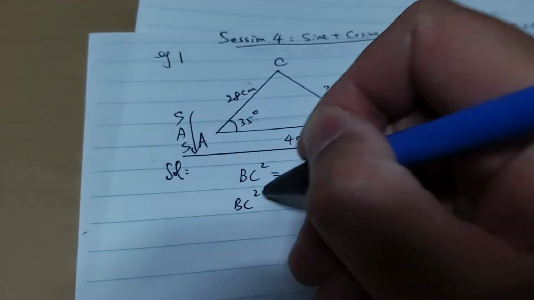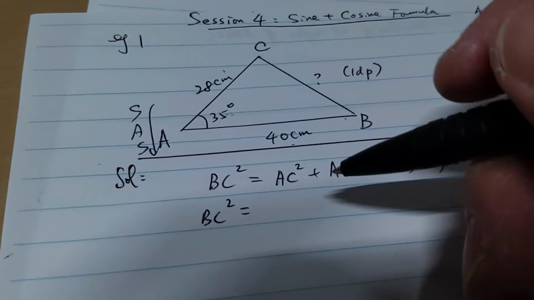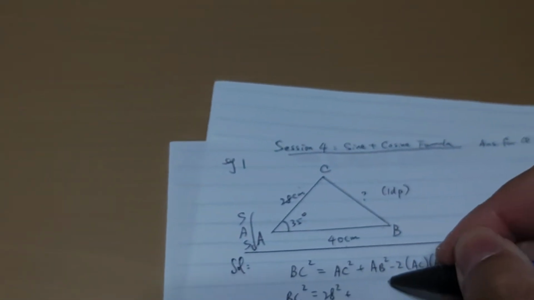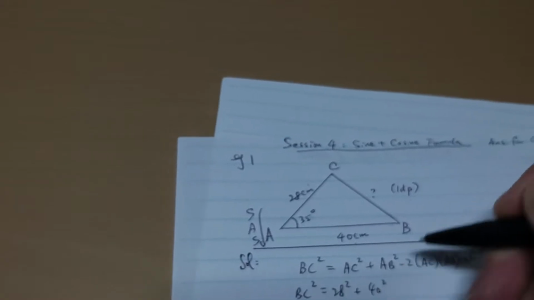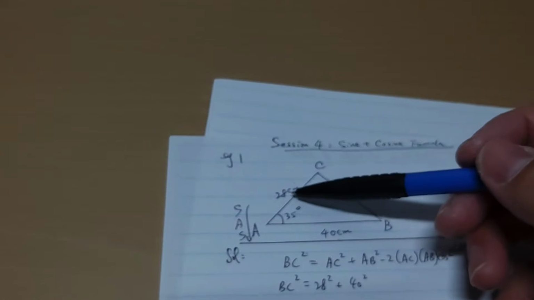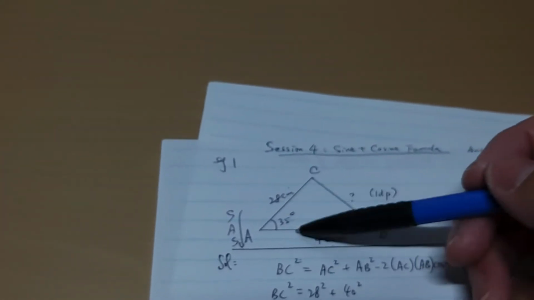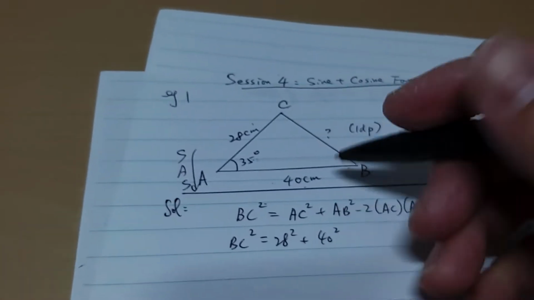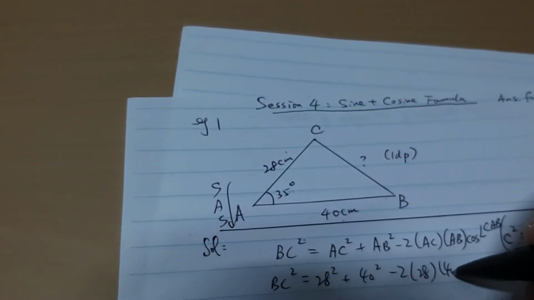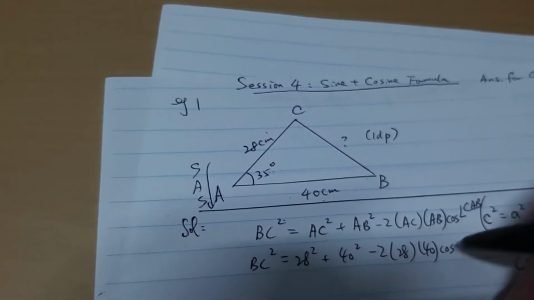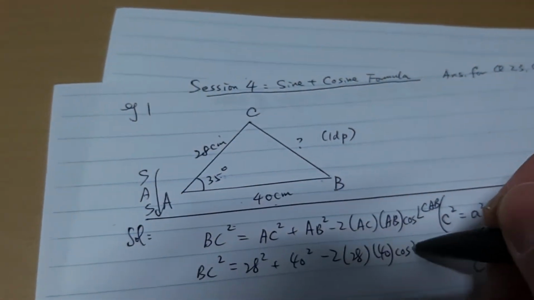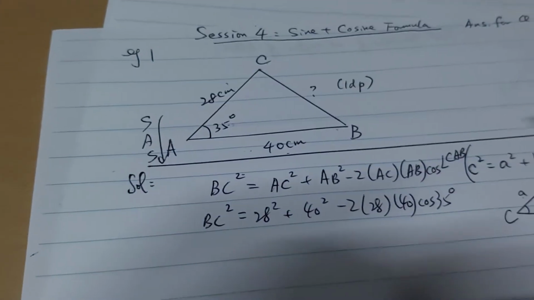So BC squared is equal to AC squared, 20 squared, plus AB squared, 40 squared. The two adjacent sides, the square of these two sides, and sum them up, and then minus 2 times 28, 40, and cosine the included angle. The included angle is 35. So we write 35. Okay?